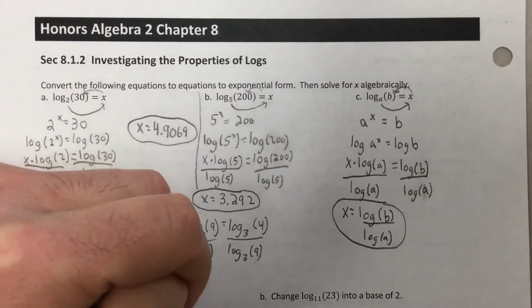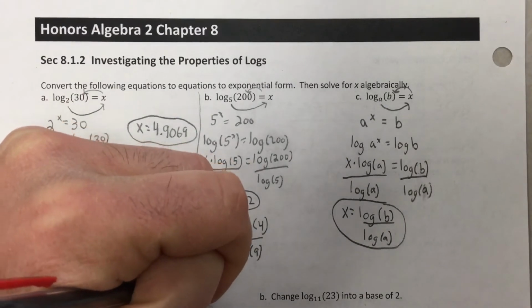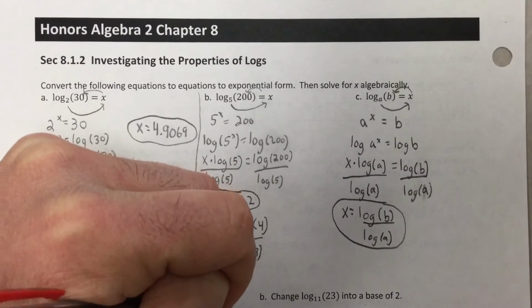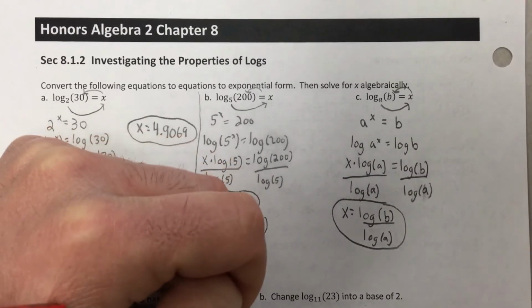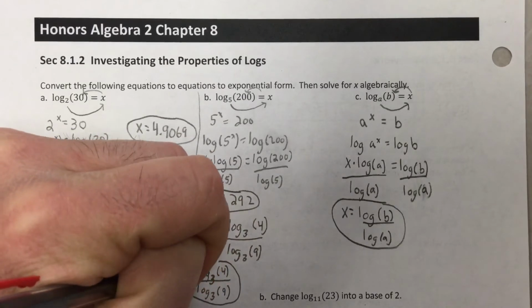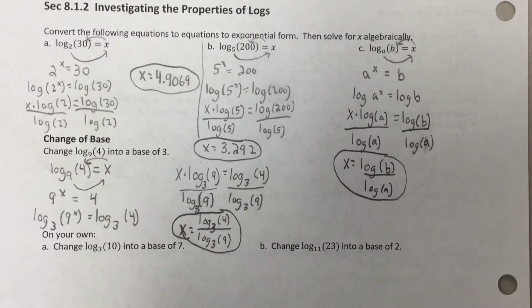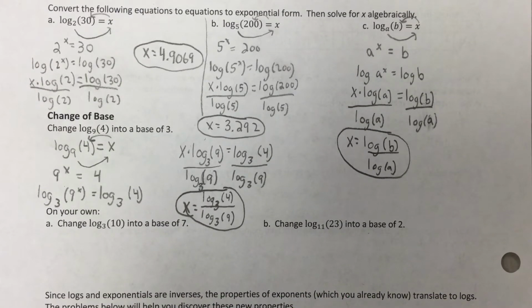And so my final answer would be log base 3 of 4 divided by log base 3 of 9. Seems kind of strange, but now our base is a log with a base of 3, but that's how you would do it. So go ahead and try A and B on your own.